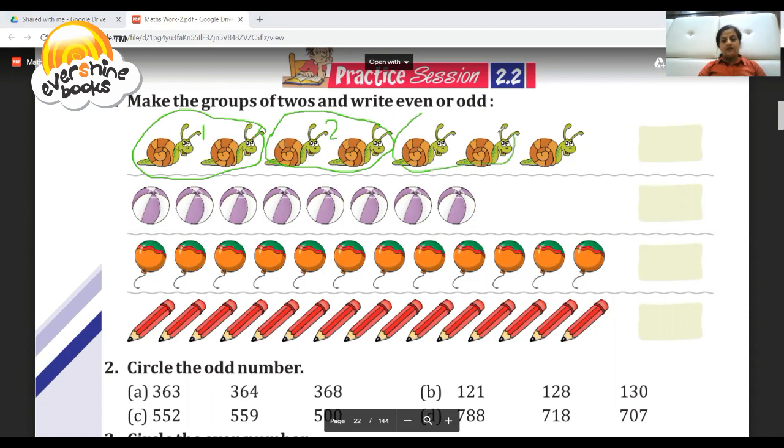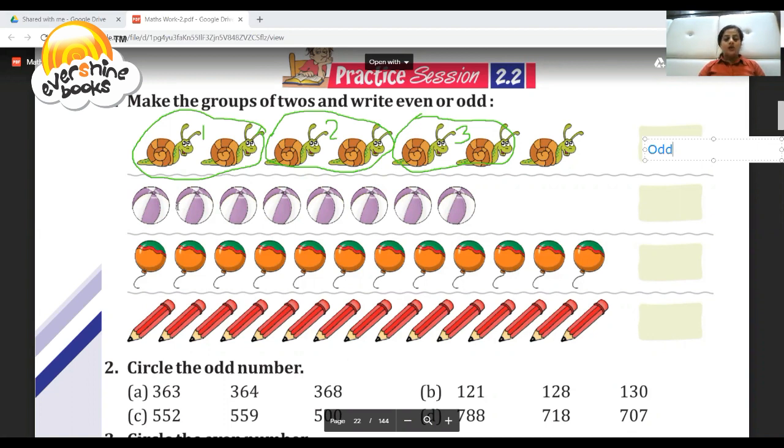But 1 is extra. It has no pair. So it is an odd number. We are going to write here odd. This is called an odd number because one is left without a pair.